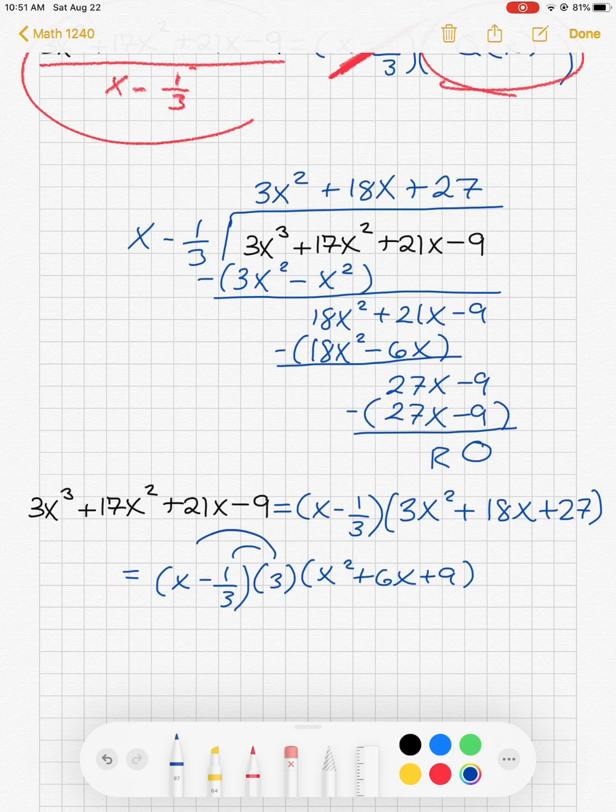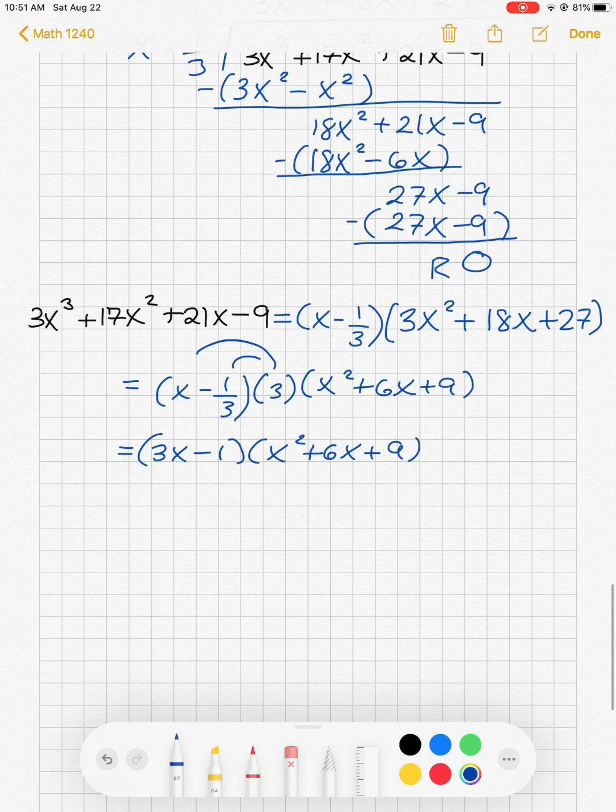Because then I could actually send that 3 inside that first factor. Oh, I think that one factors nicely, doesn't it? So isn't that x plus 3 times x plus 3?